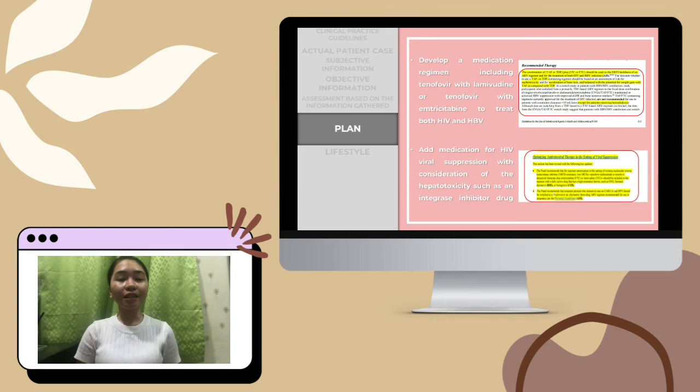So moving on, since the patient was informed that he was co-infected with HIV and HBV, we can develop a medication regimen including tenofovir with lamivudine or tenofovir with emtricitabine to treat both HIV and HBV.